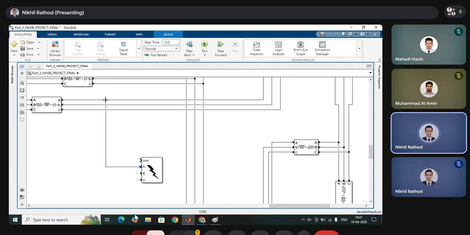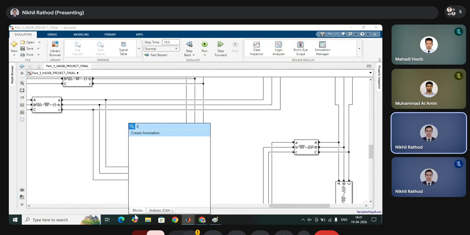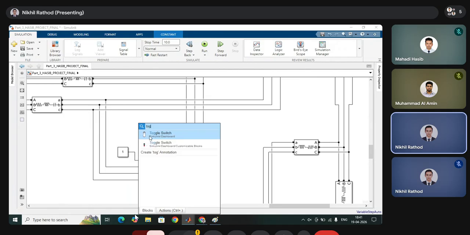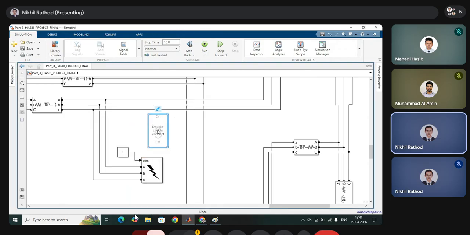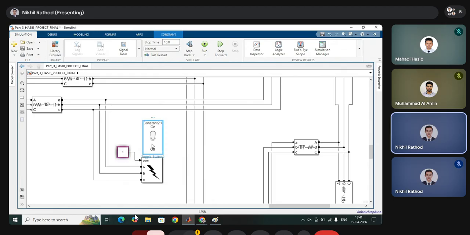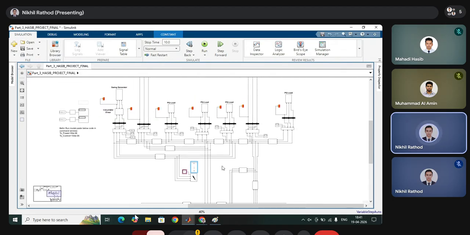Let's say we want to create a three-phase fault at this particular location. Okay, so make sure this switch is in off condition.